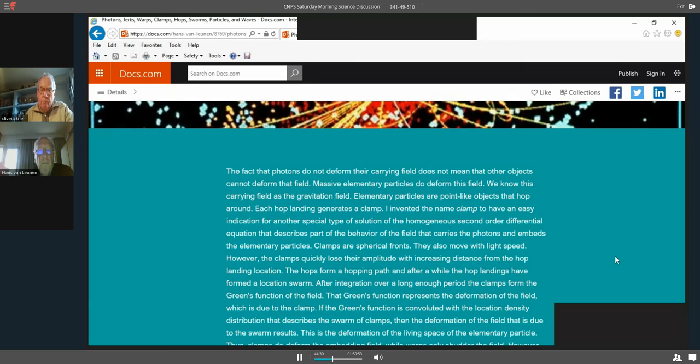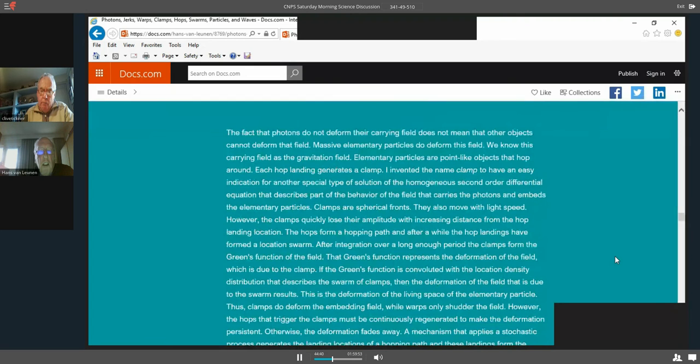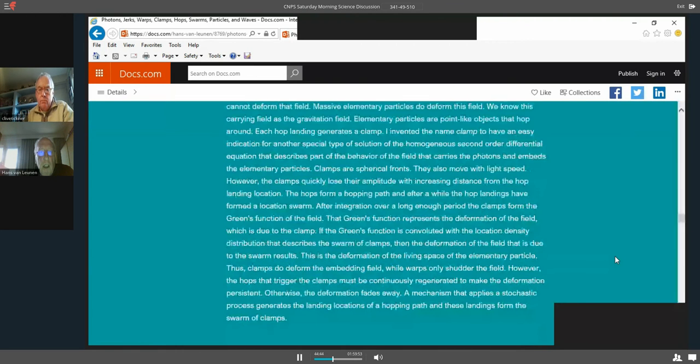The sources of the gravitational field are the hubs, what I call clamps, the spherical shock fronts. They cause deformation of the field because it is a recurrent process. It keeps going on and renewing itself, and that's why the field gets deformed.